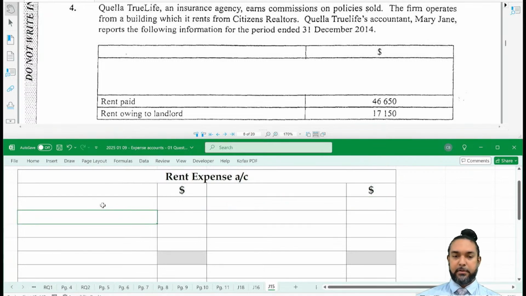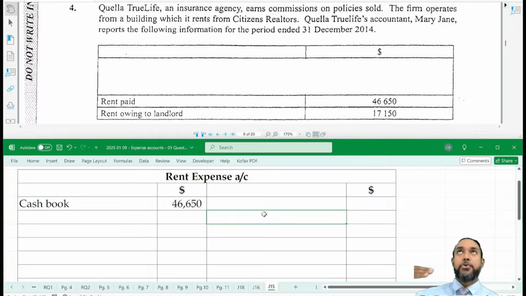All right, so let's take a look. All right, so again, I'm not putting a date column just to save some time. If they give you dates, then you should probably use them. And I should probably show you how to use them, to be honest. Anyhow, so rent paid. So you can literally put rent paid, or you can put cash book, not XA book. Cash book, that's 46,650. And the rent owing, so rent owing is rent accrued, right? An accrued rent figure, an accrued expense is a liability, a current liability.